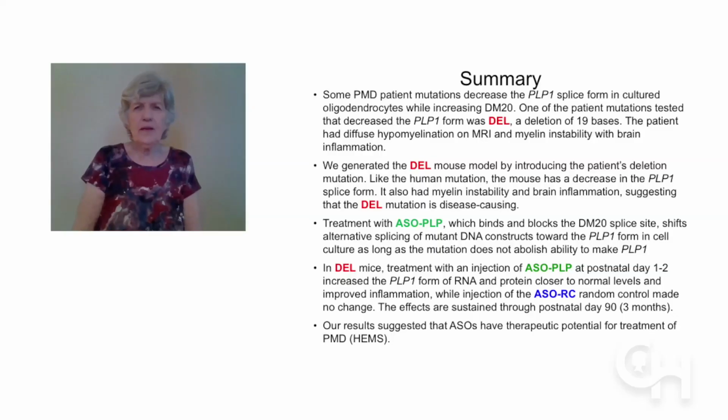I've shown you that when tested in culture, some PMD patient mutations cause a decrease in the PLP alternatively spliced form, and treatment of the cultures with ASO-PLP can increase the PLP form. We made a mouse model of one of these patient mutations called the DEL mutation. The PLP1 alternatively spliced form was decreased in the mouse.